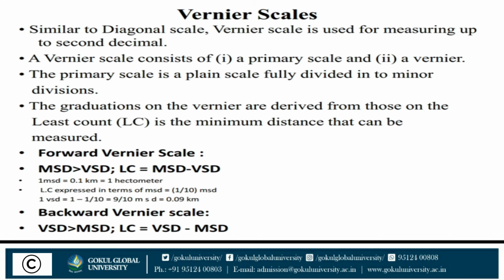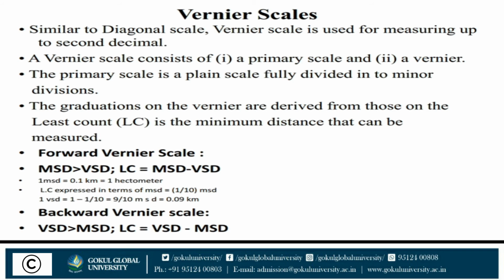The primary scale is a plain scale fully divided into minor divisions. The graduations on the vernier are divided from those. Least count, LC, is the minimum distance that can be measured. There are two types of vernier scale, forward vernier scale and backward vernier scale.